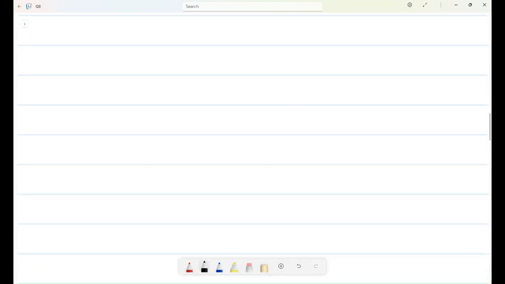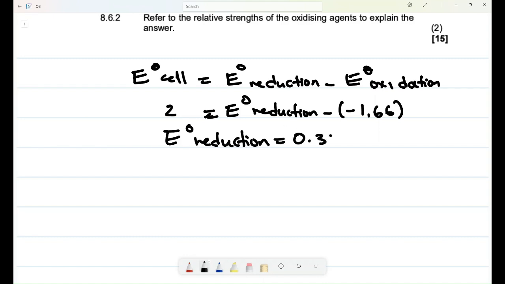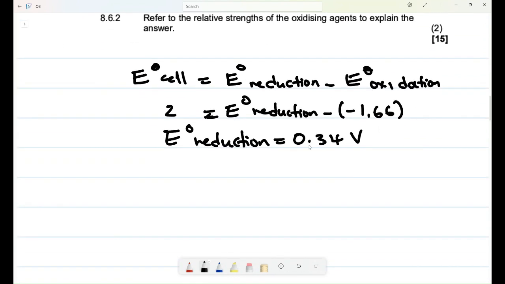I believe you see that. Minus of the formula, minus 1.66. Then now you do your math, you get something like 0.34. And now you have to identify which one has a reduction potential of 0.34.